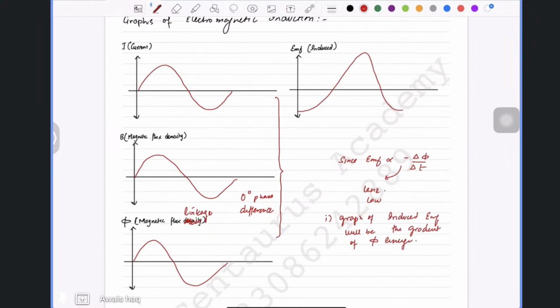Okay, the other thing is that it will have opposite sign, and the reason is because of the Lenz's law, that it opposes the motion, or whatever change is happening. Do you guys get it?